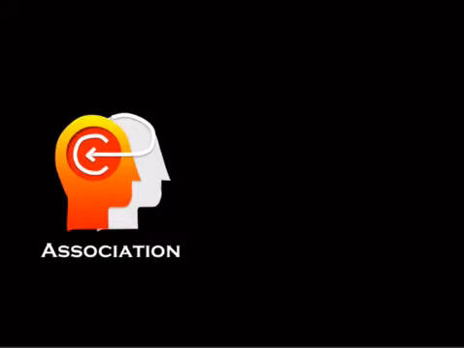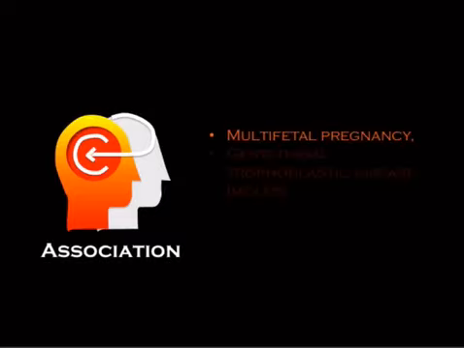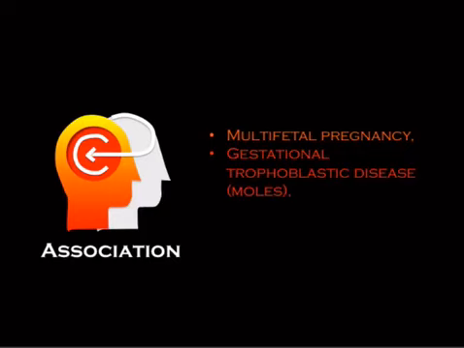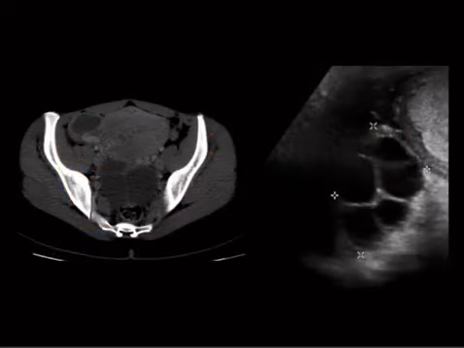So who has too much beta HCG? The octomom does. People with molar pregnancies do. Remember, they have super high beta HCGs and they get hyperemesis as a result. So those are big ones to think about. People on fertility drugs, that's another one.